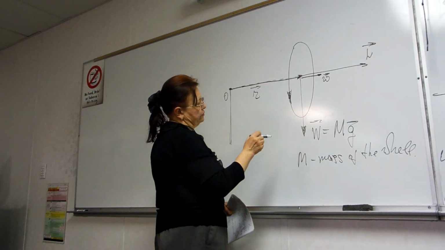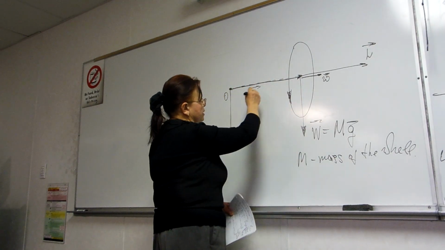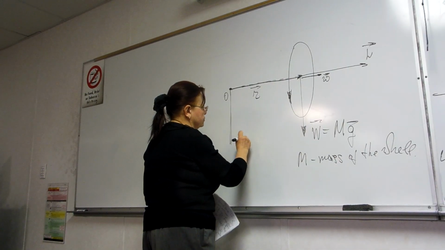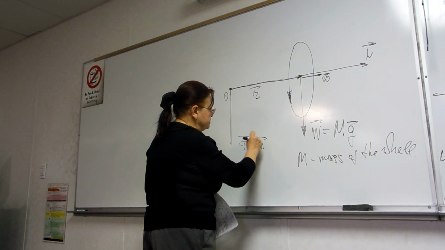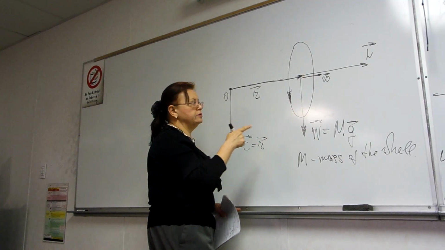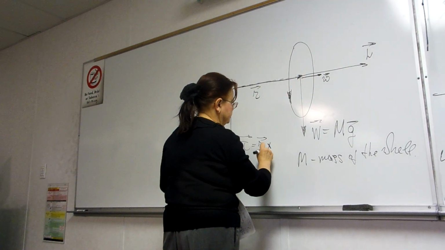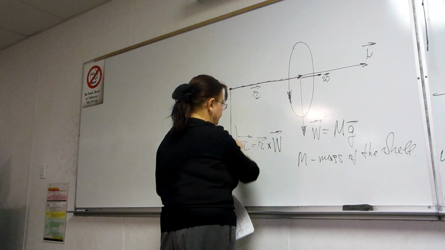So what we have is torque. We remember tau. It is always position vector multiplied by force acting, by W, right?